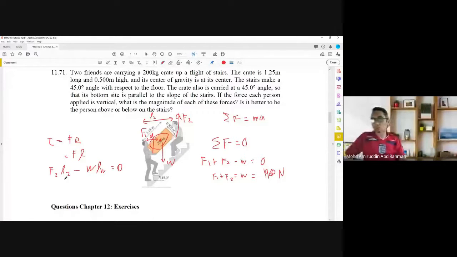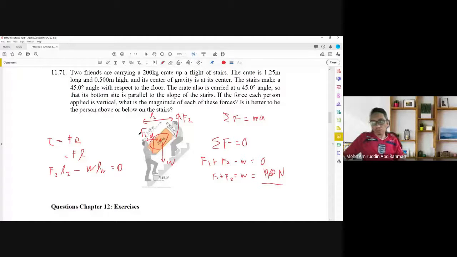So W is 1960, and then you need to find out what your L2 is. Using the cos function, the angle is 45, so cos 45 times the length.